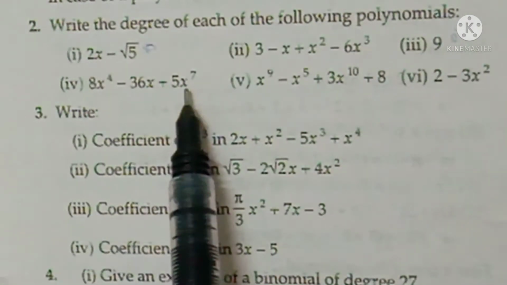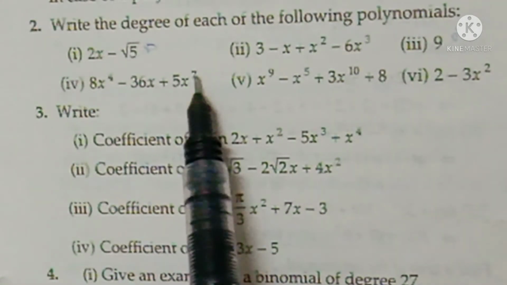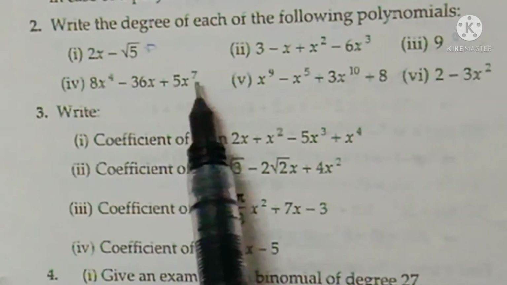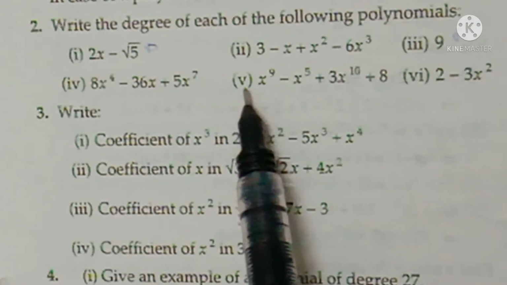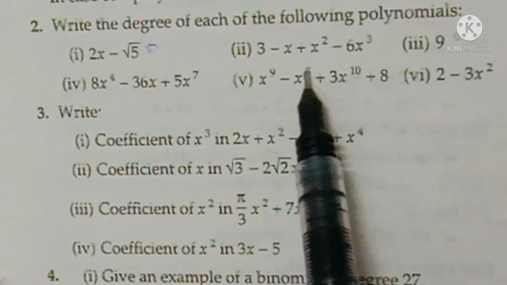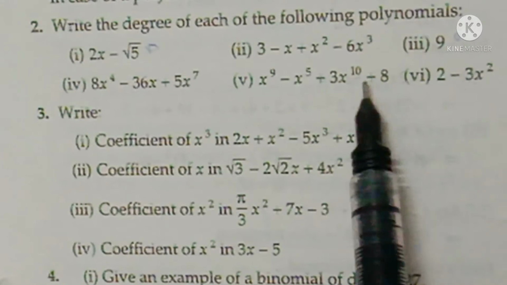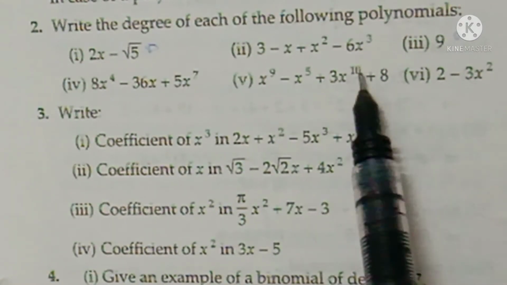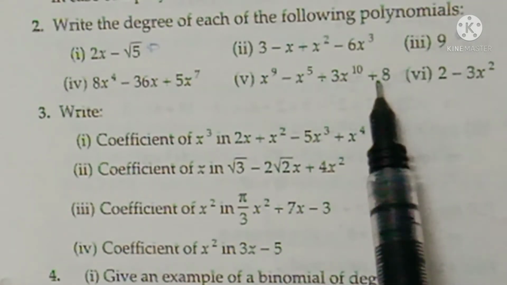Here the highest power of the variable, see all the terms, is x to the power of 7. So it is a polynomial of degree 7. Now see the fifth part: x to the power 9 minus x to the power of 5 plus 3x to the power of 10 plus x plus 8. Here the highest power is 10. So this is a polynomial of degree 10.